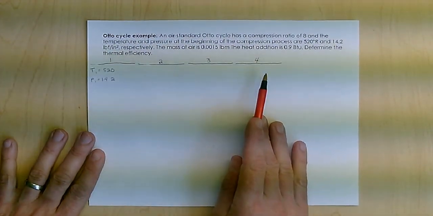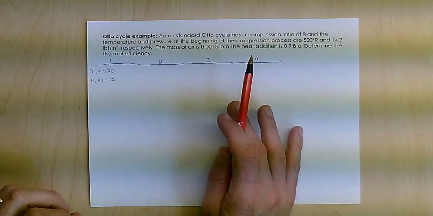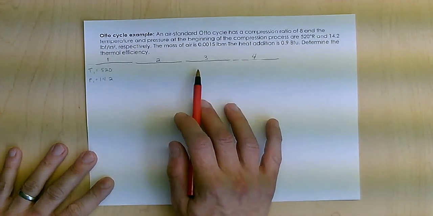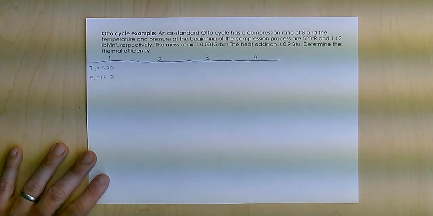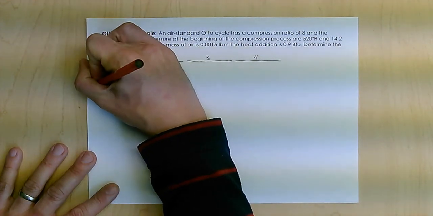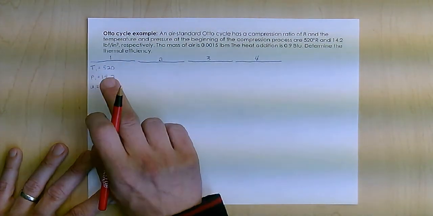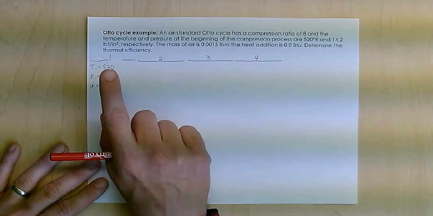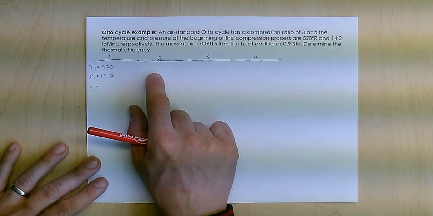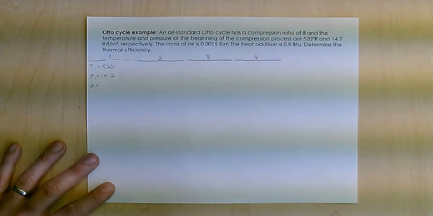So, as with most things, I need to go through and figure out the states first. And the states, of course, for the Otto cycle are to find my U values. I can look up U1 because that'll give me T1. Going from state 1 to state 2 is the isentropic compression, so I'm going to use the relative volume.